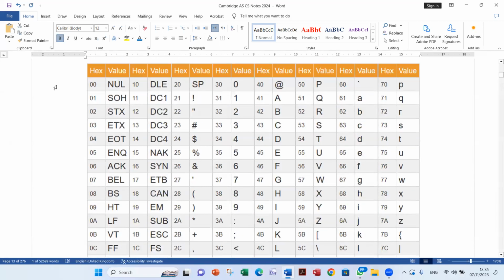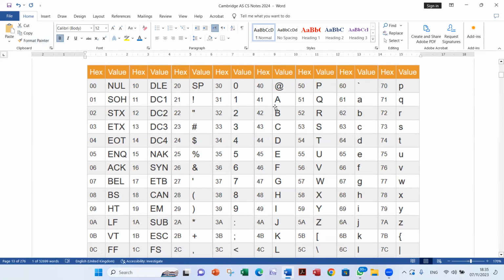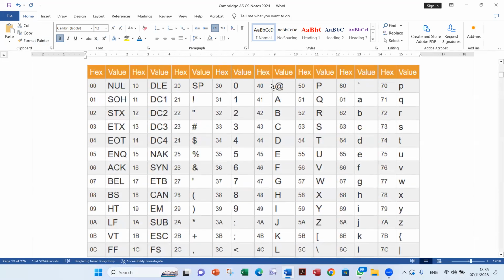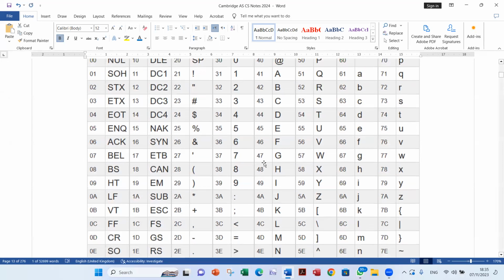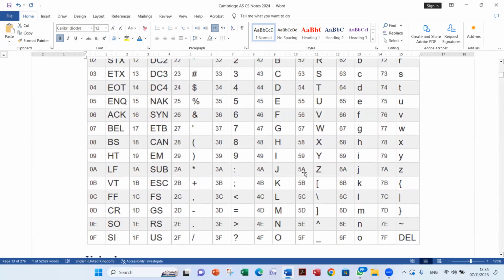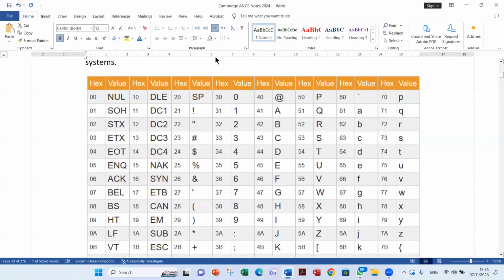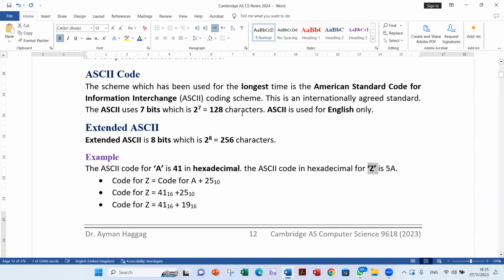If I'm in an exam, 41 is the ASCII code for A. So I write A, B, C, D, E, F, G, and I don't miss anything. And then write 41, 42, 43, 44, until I get to Z, which is 5A. So if you put 5A, you get the mark. That was once in an exam, but a long time ago. They don't ask questions like this anymore.